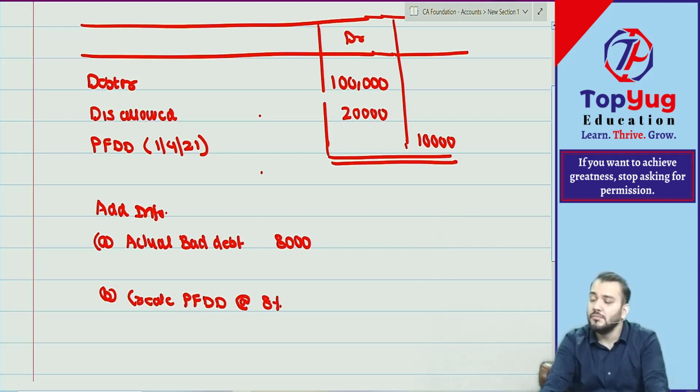Stand up, go there. Sit down and say, what is the journal entry for bad debt?